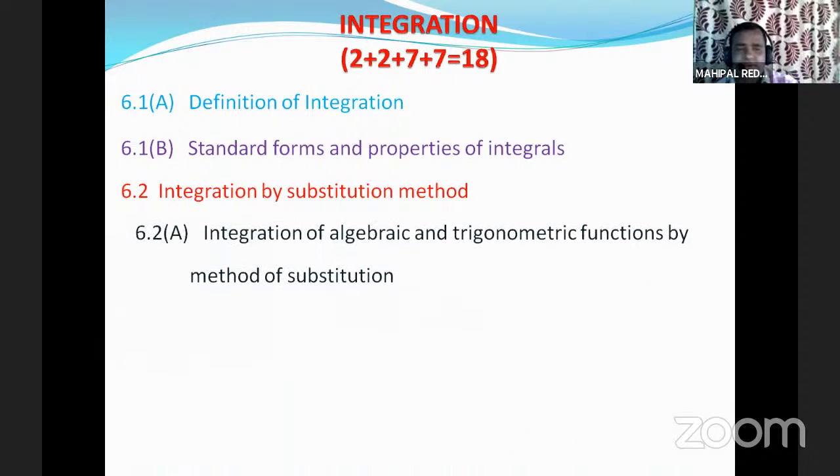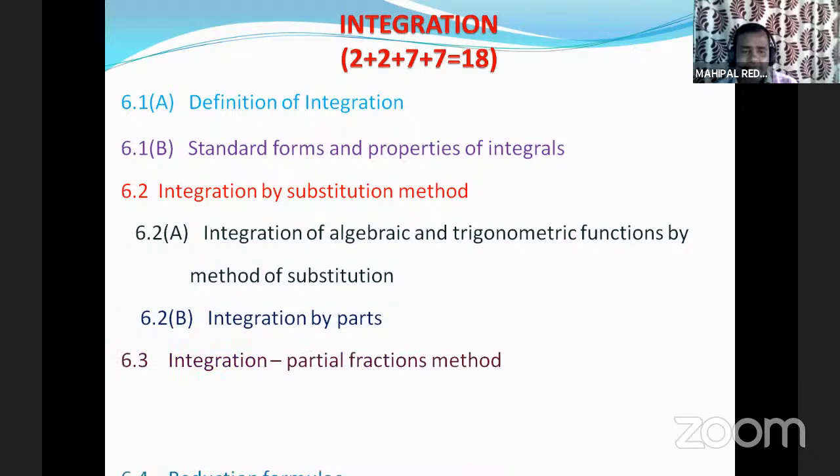In that, topic A is integration of algebraic and trigonometric functions by method of substitution, then integration by parts, integration by partial fraction method, and the last one is reduction formula.